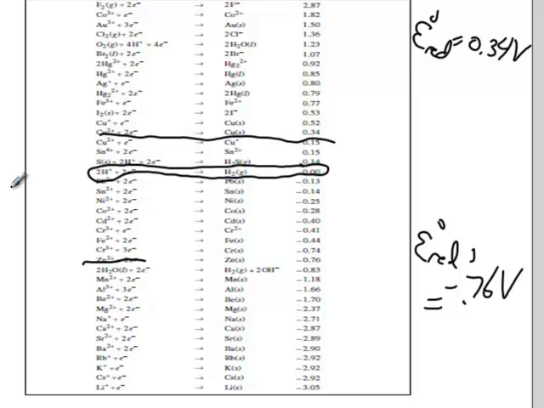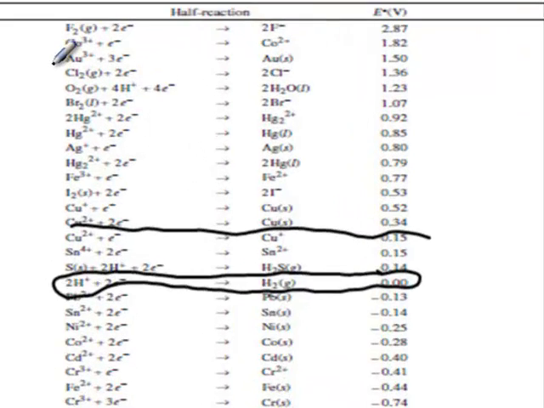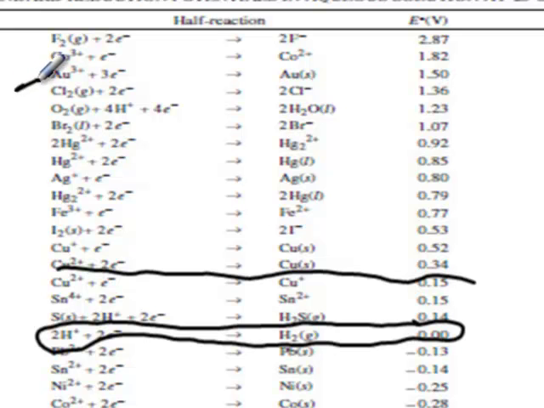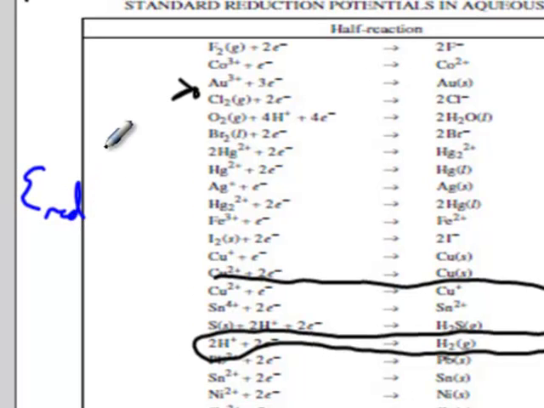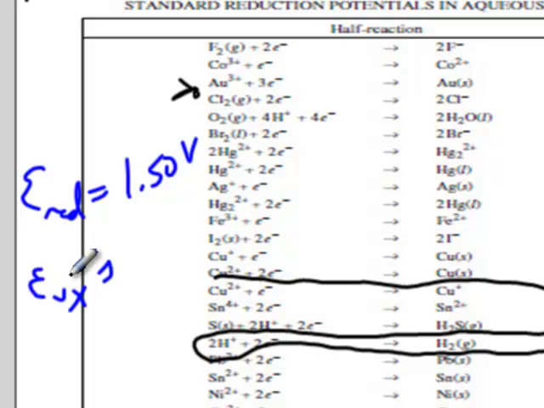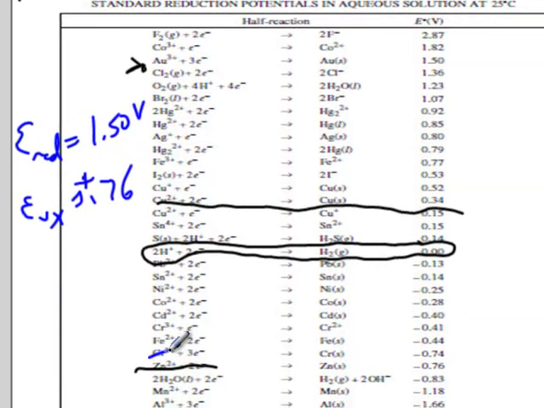So if I have something like this gold one here with 3 electrons, E reduction for gold is 1.50 volts. Let's pair that one with the zinc. E oxidation for the zinc is again positive 0.76. But you'll notice the zinc has 2 electrons and the gold has 3 electrons.